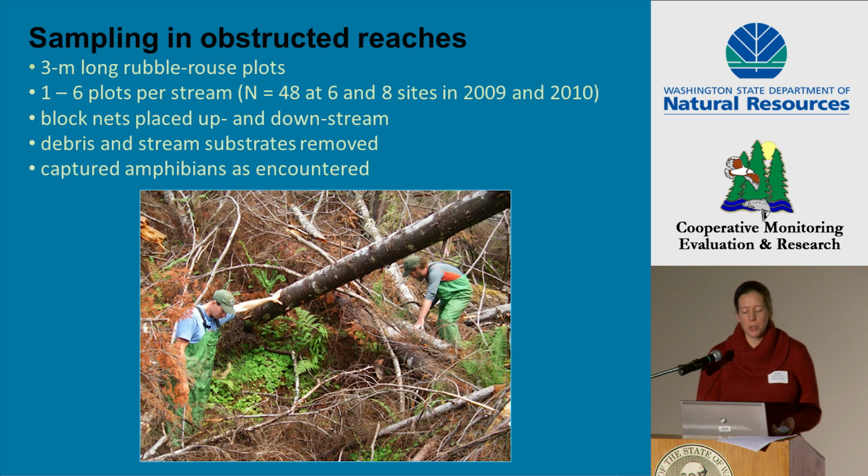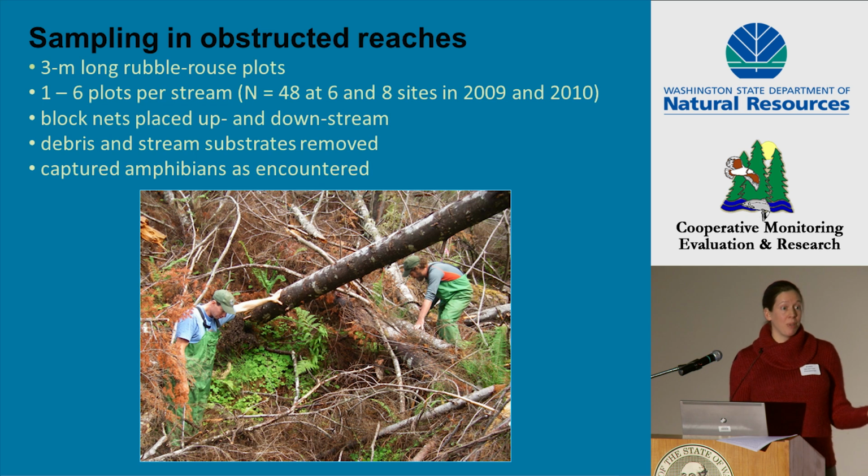And so our solution was to do the sampling in the obstructed reaches in these 3-meter long rubble rouse plots. And Eric talked about these plots earlier when he was presenting on the woody debris. And so it's the same plots. They cut down through, counted the sticks as they got them out. That was used for the large woody debris analysis.